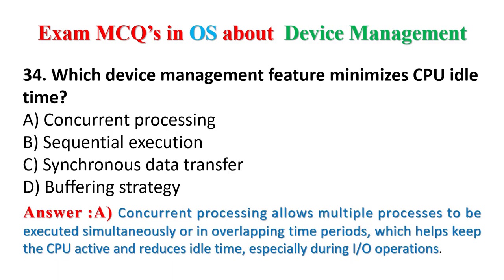Concurrent processing minimizes CPU idle time, because concurrent processing allows multiple processes to be executed simultaneously or in overlapping time periods. That helps to keep the CPU active and reduce idle times, specifically during input-output operations.